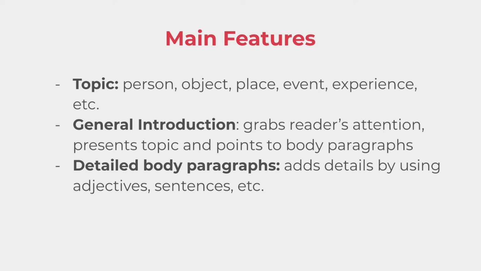How do we give details or provide details? We may use adjectives, but we need to be aware of the fact that it's not only through adjectives that we provide description. Sentences are very, very important also in providing detailed descriptions of things. Figurative language also.